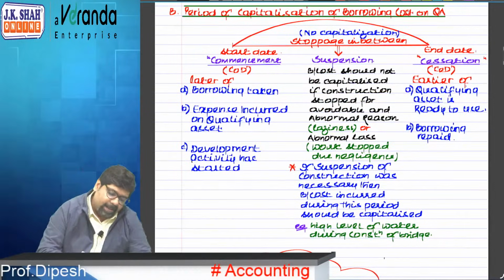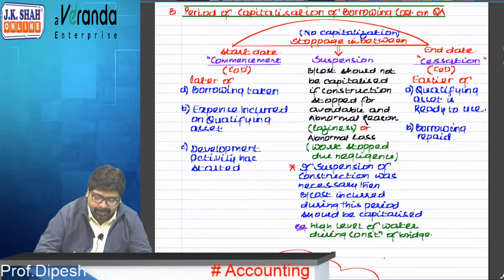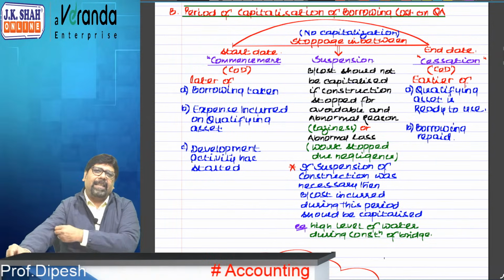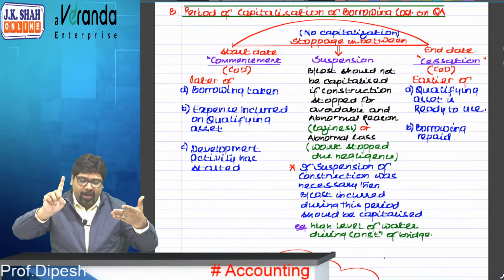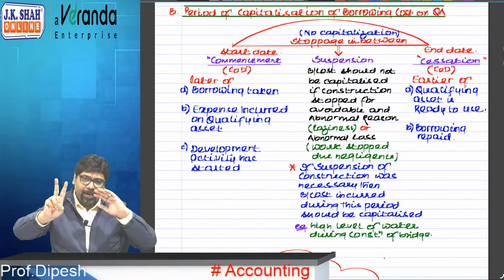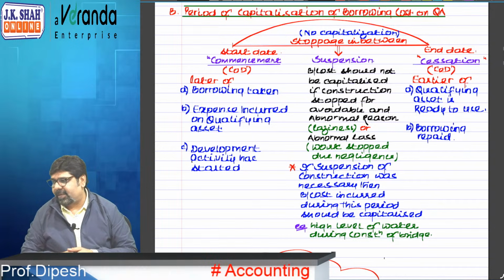Period: start date, end date. Start date is the later of borrowings taken, expenses incurred on the qualifying asset, or development activity started, whichever is later.